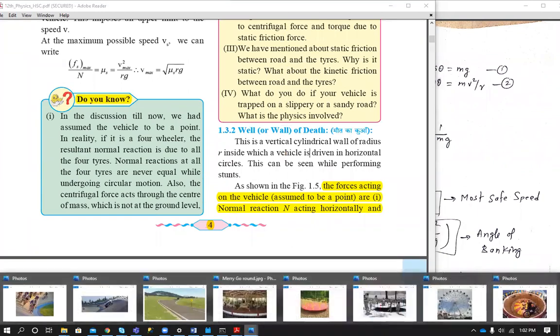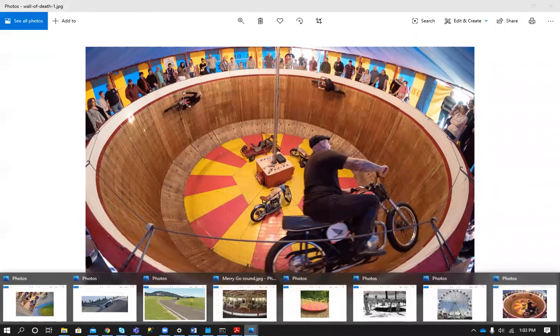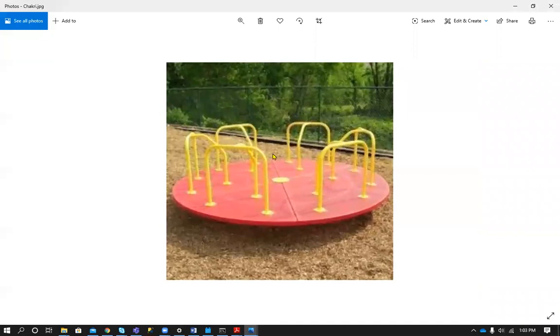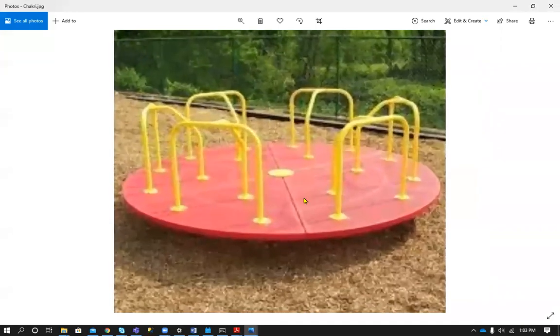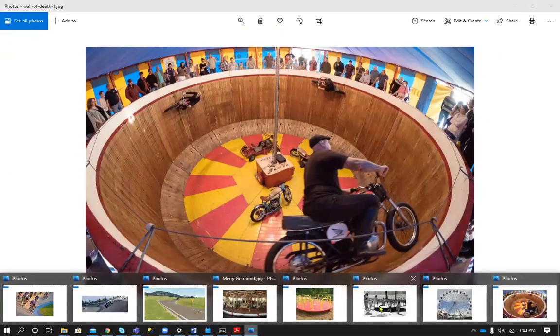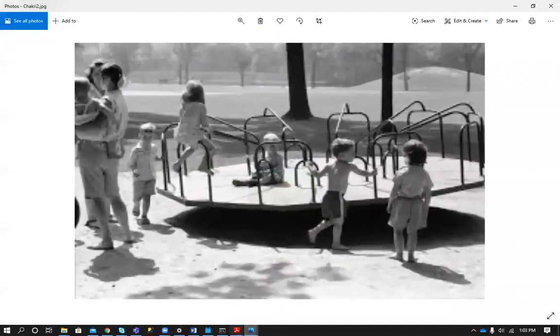I can show you the image of the wall of death. So this is the image where a person sitting on a vehicle is moving around the wall of death. And I also have an image for some horizontal circular motion. This is called a chakri, present in gardens for children.